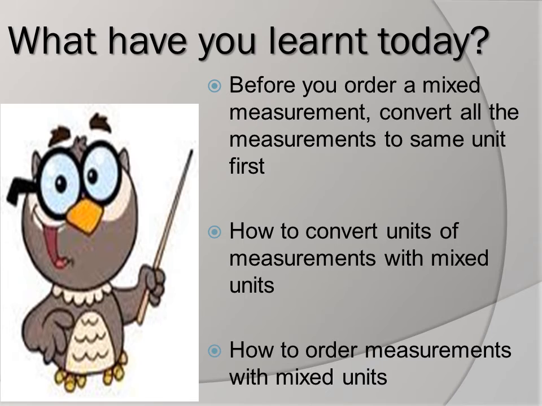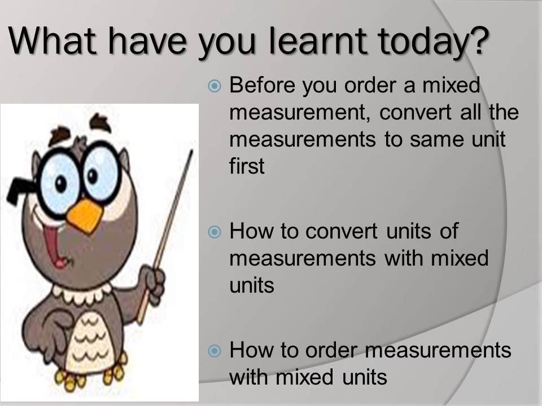Now you know that. Like the idea we had in decimals when we studied fractions, when some of the numbers we have to order on a number line are in fractions and some are in decimals, what do we do? Convert all first to decimals, then it becomes easy to order. So before you order a mixed measurement, convert all the measurements to the same unit.